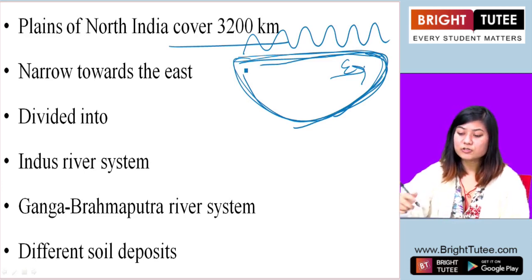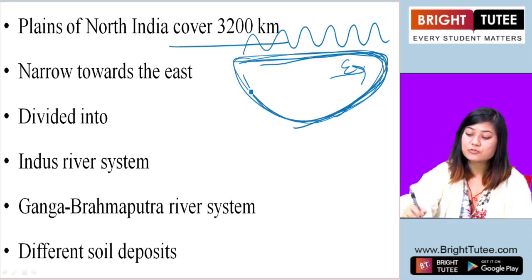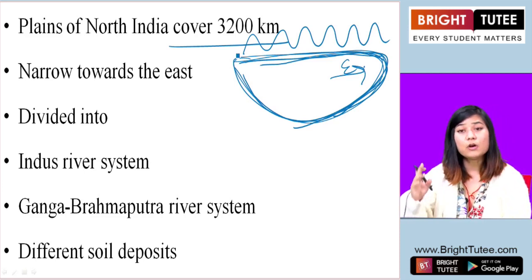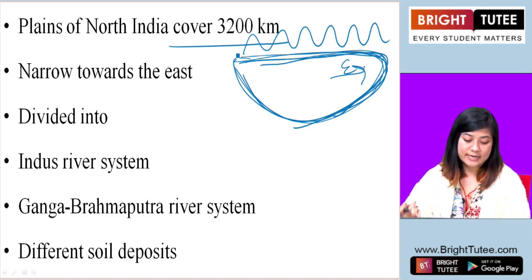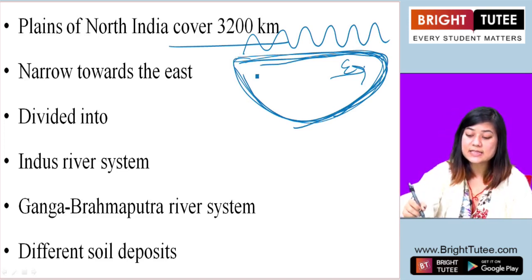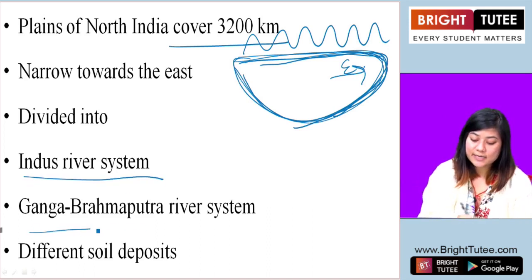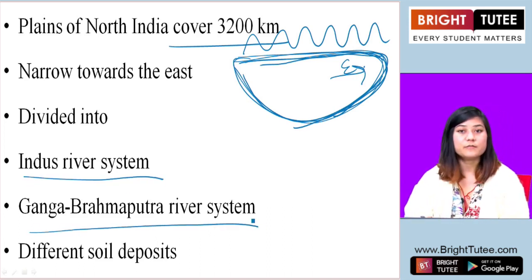So we can divide this area into two divisions depending upon the rivers that play a role in it. The first one is the Indus river system and the second one is the Ganga Brahmaputra river system.